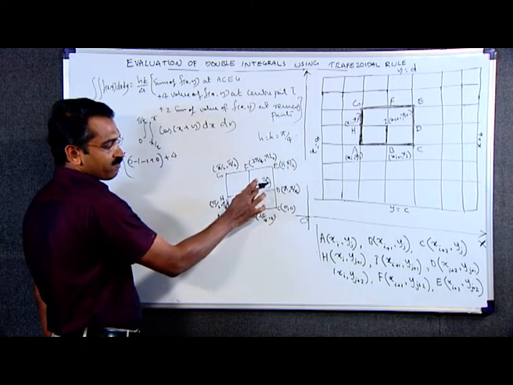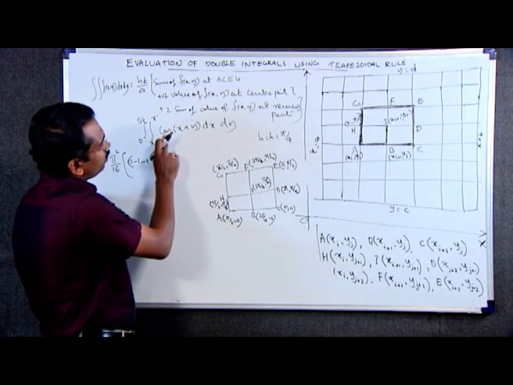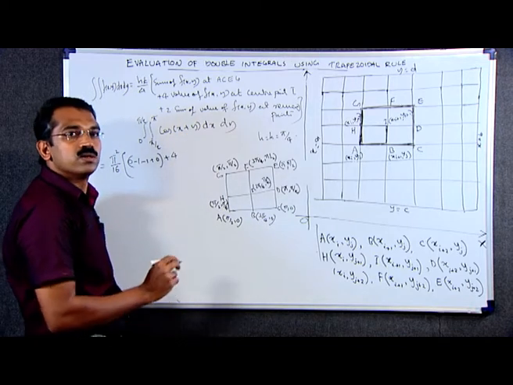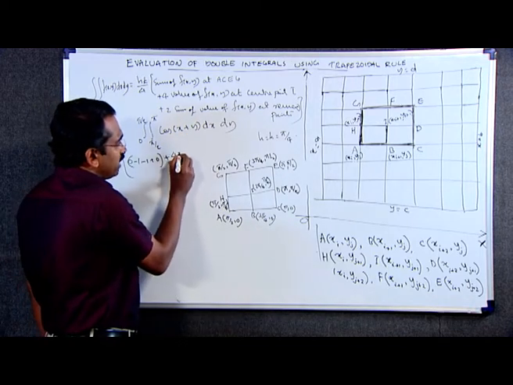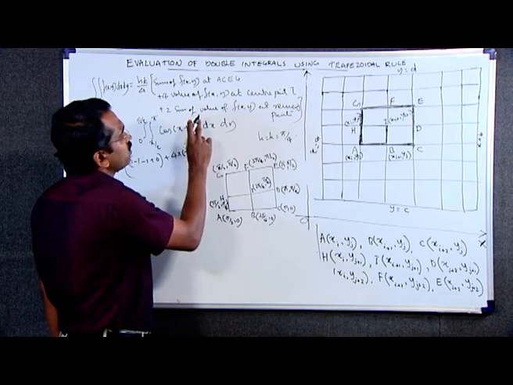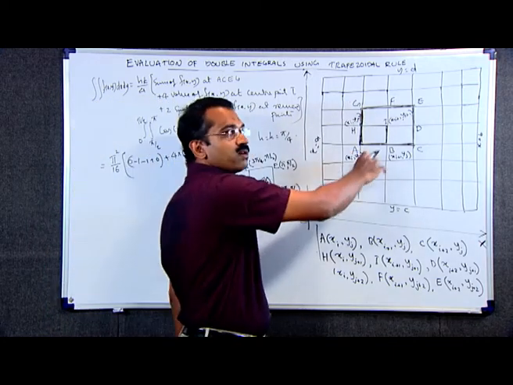The center point is 3 pi by 4 comma pi by 4. Therefore, cos(3 pi by 4 plus pi by 4) gives the value minus 1, so 4 into minus 1, plus 2 times the sum of the values of f(x, y) at the remaining points.